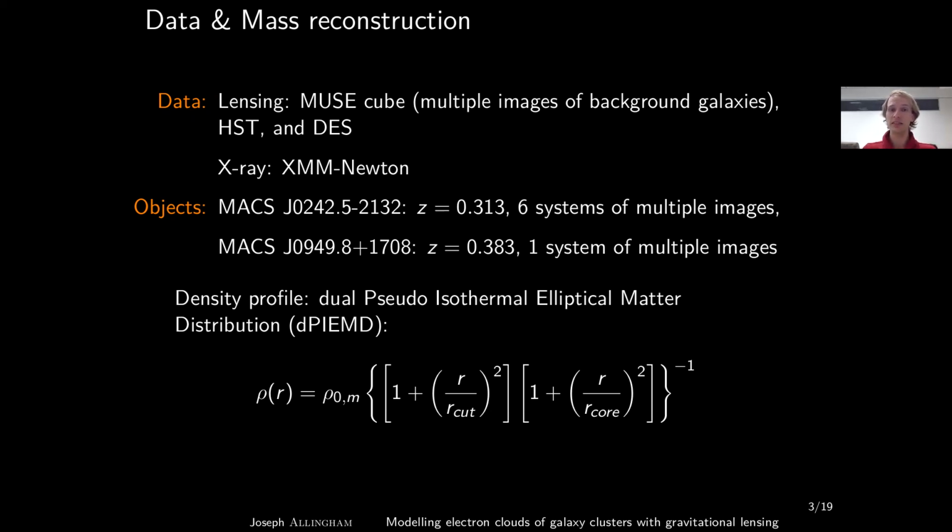So that is 6 background sources, quasars, that allow us to constrain the mass distribution. We also use this density profile, the dual pseudo-isothermal elliptical matter distribution that you can see here, and not an NFW, although we did check the validity of our reconstruction with respect to NFW.